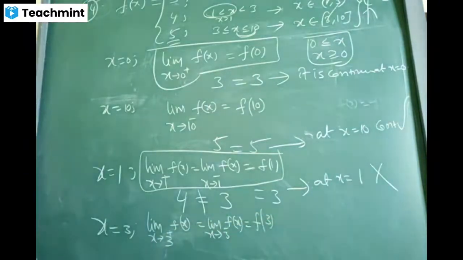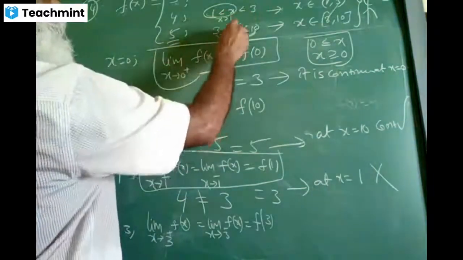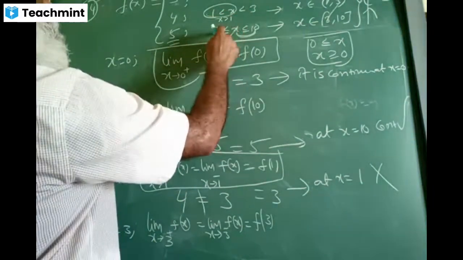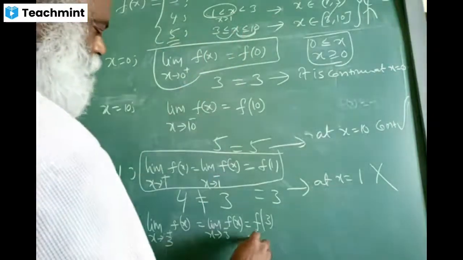What is f of 3, Akshaya? 4, sir. How is it 4? x is less than 3 there. Equal to 3 is here. Look here, 3 is equal to x. So f of 3 equal to what, dear?